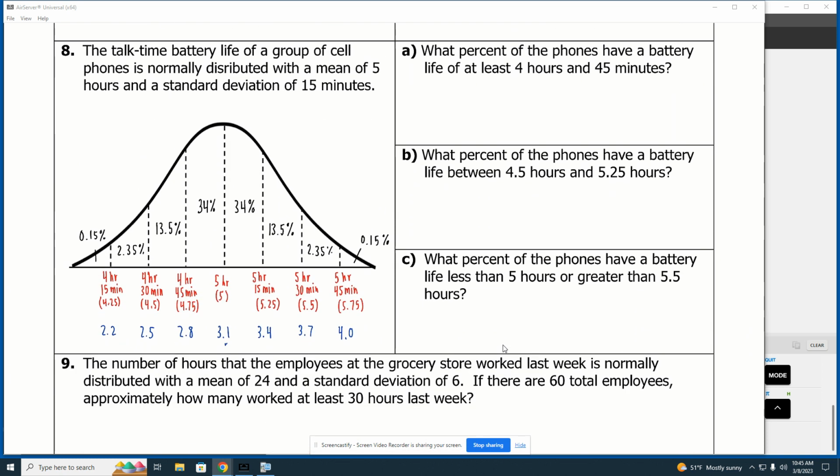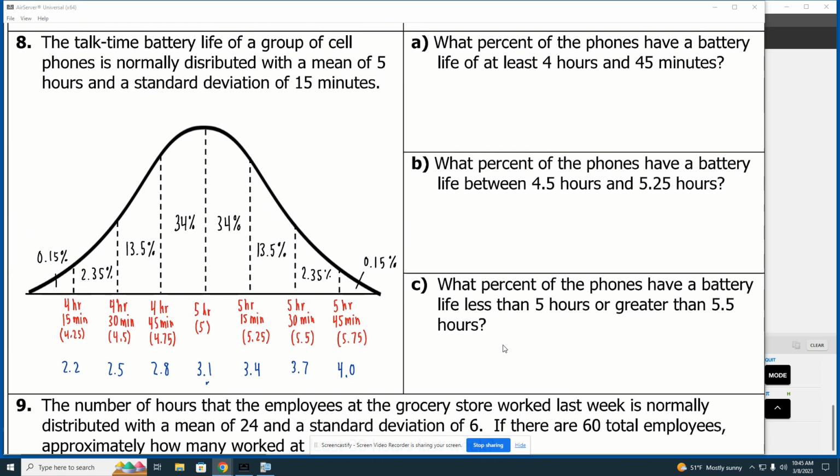This one was a little tricky in that they told us the mean as 5 hours, and they told us the standard deviation is 15 minutes. So as I went through and labeled, I'm like, okay, 5 hours, 15 minutes, 5 hours, 30 minutes, 5 hours, 45 minutes. And then to the left, I got 4 hours, 45 minutes, 4 hours, 30 minutes, 4 hours, and 15 minutes.